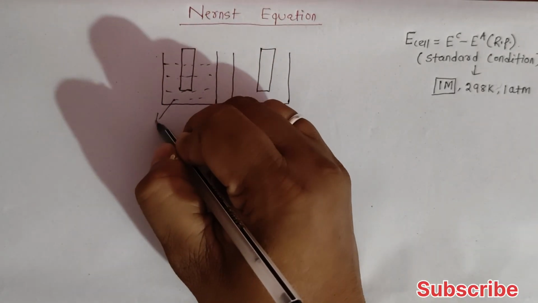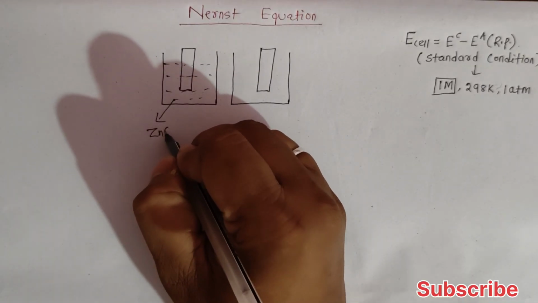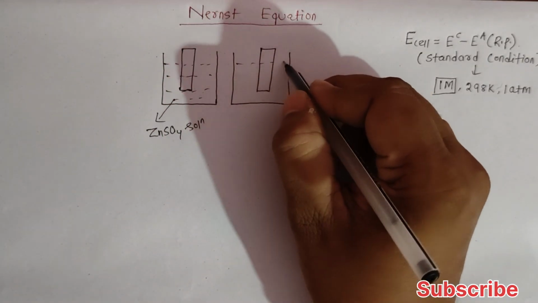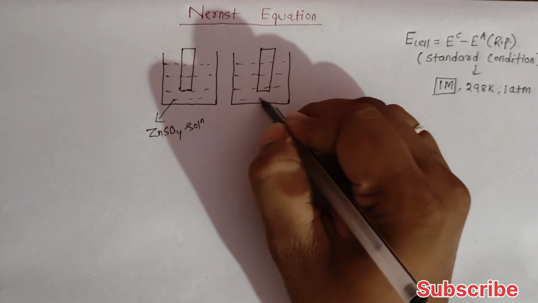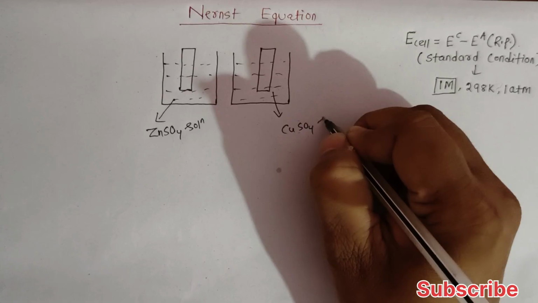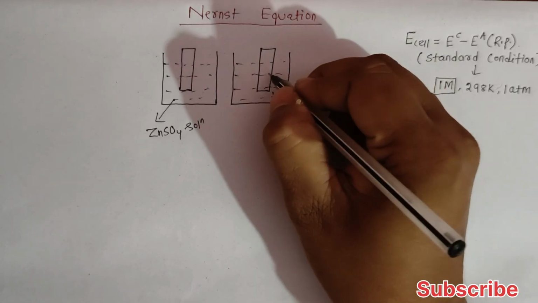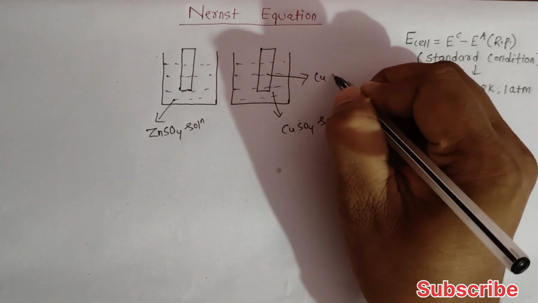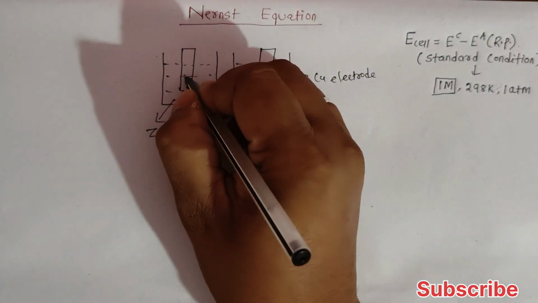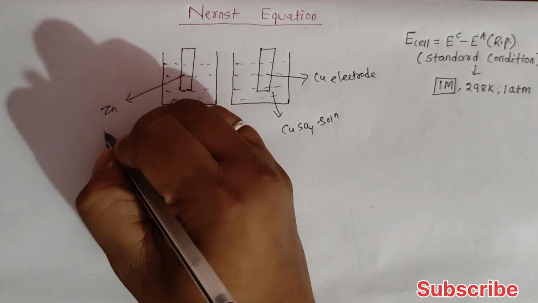If I take a zinc electrode, then zinc sulfate solution must be taken. If I take a copper electrode, then copper sulfate solution will be taken. This is a copper electrode. This is a zinc electrode. Clear?